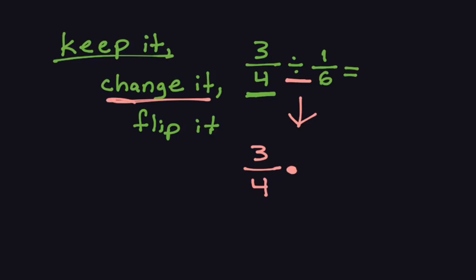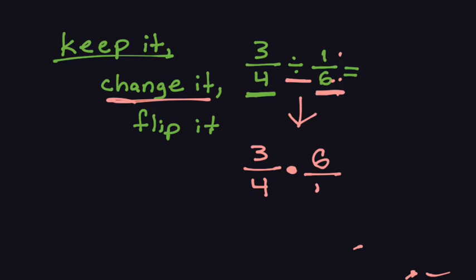And we are going to flip our 1/6. By flipping the 1/6, I mean making the denominator the numerator and the numerator the denominator. So 1/6 becomes 6/1. And this 6/1 is actually called the reciprocal of 1/6. The flipped fraction is called the reciprocal of the original fraction.